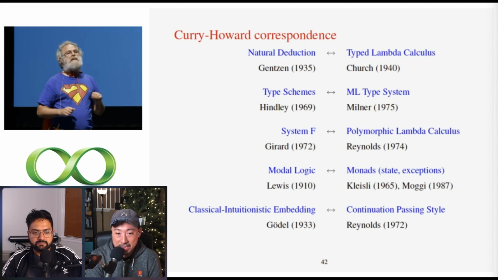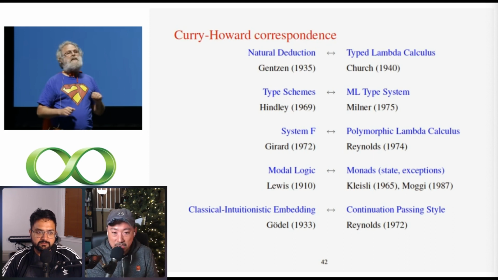And similarly, there is a duality between the mathematician logic world of modal logic and monads in the computer science world. And so you'll see this kind of duality between logic and computer science, to the point where you can say that in logic you have propositions and the equivalent in computer science is that they're types.